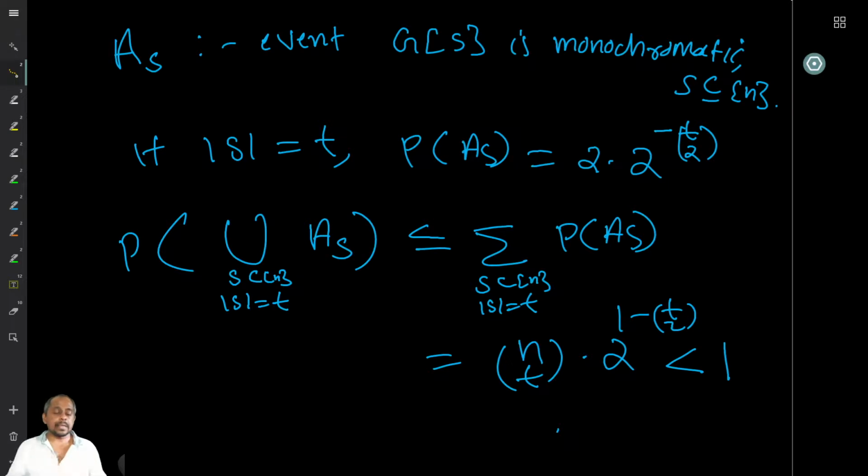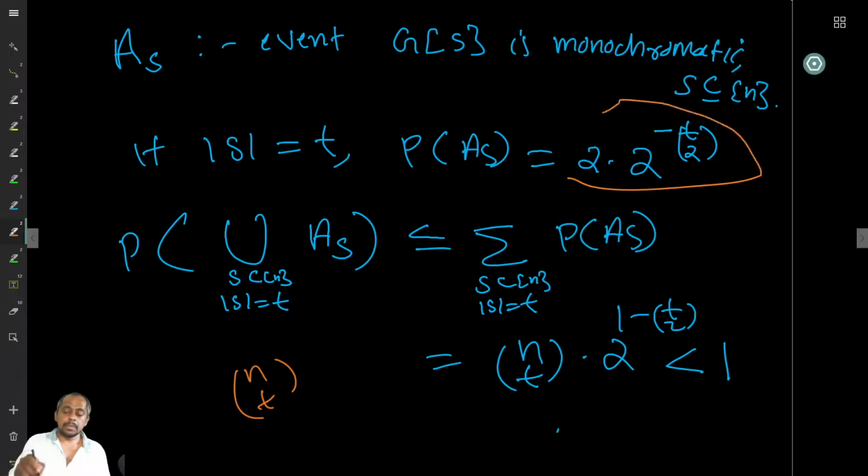Now we can use the union bound. Take the n element set, which is all the vertices, and look at all t element subsets of this. How many t element subsets are there? N choose t. For each t element subset, the probability that the complete subgraph on that subset becomes monochromatic is 2 raised to 1 minus t choose 2.